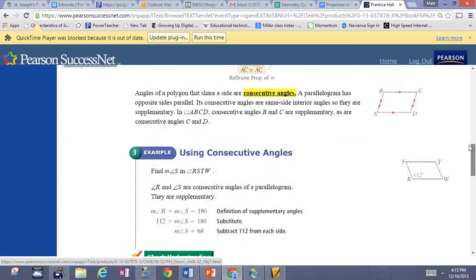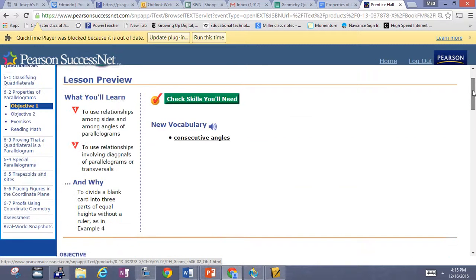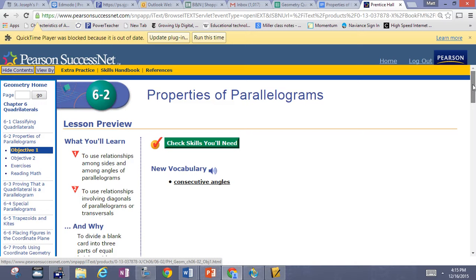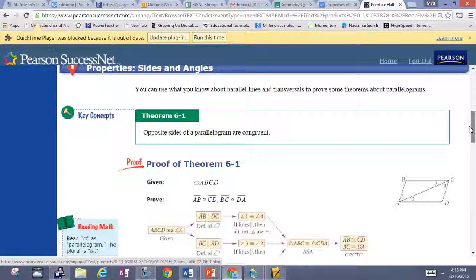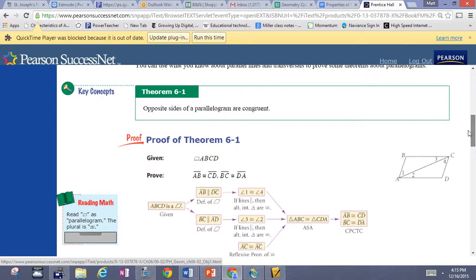Okay, so we're getting a lot of properties here by definition. Two sets of sides are parallel. Also by definition, the sum of the angles is 360. Also, a third is that the diagonal separates the parallelogram into two congruent triangles. And then we pick up a fourth.